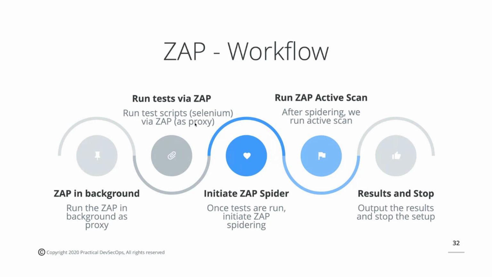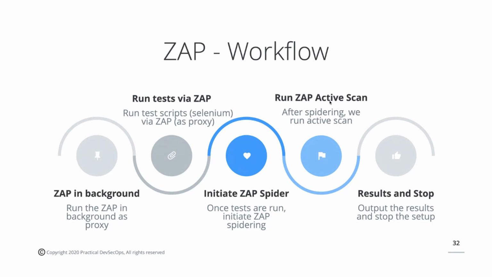And then once the spidering is done, we programmatically say, okay, can you go spider some more and see if you will find some new URLs? And it will do that. Once you're done with that, we then run the active scan, the full-blown scan, right? And once the scan is done, it would give us the results and it would stop there.